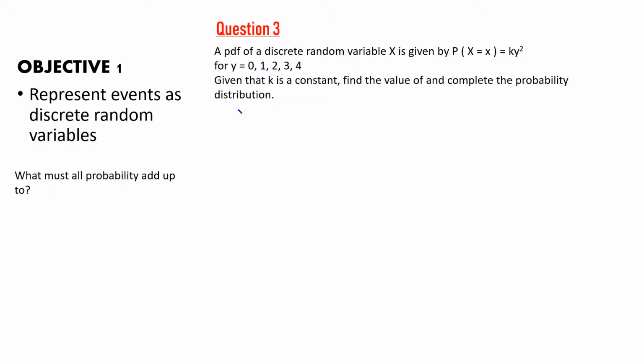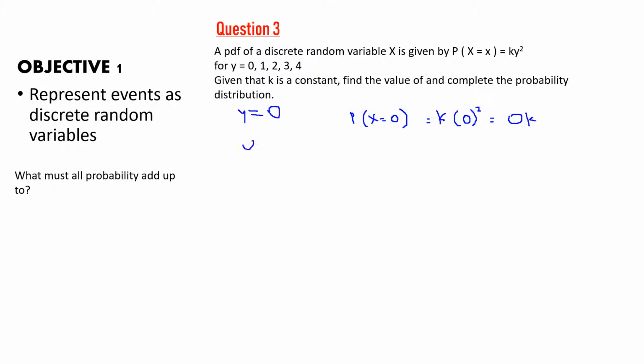So for y is equal to 0, the probability that x is equal to 0 will be k times 0 squared. That gives you no k.